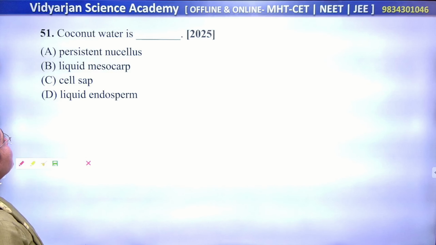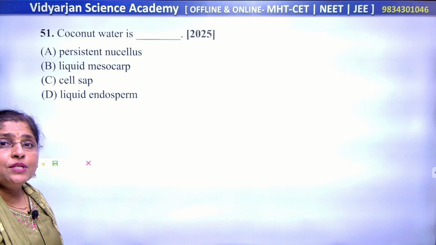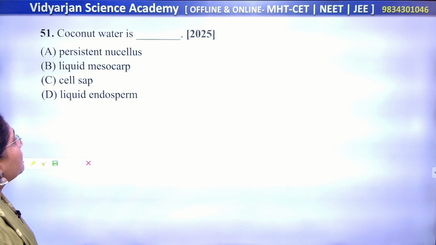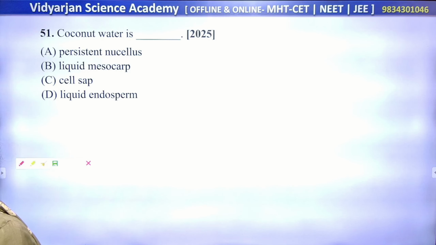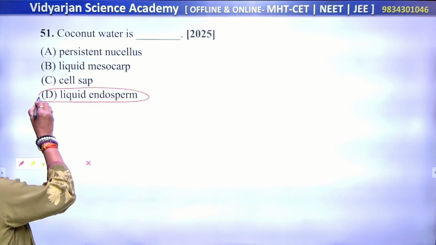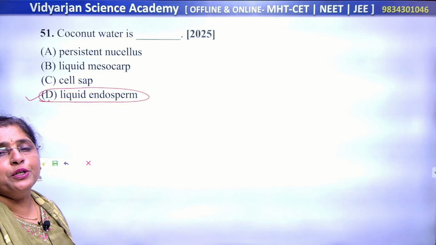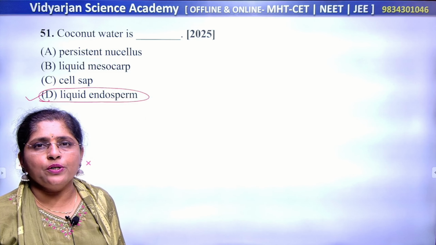Coconut water is persistent nucellus, liquid mesocarp, cell sap, or liquid endosperm. So what should be your correct answer? Your coconut water is a liquid endosperm. Make a star for this. They are asking you such kind of questions.